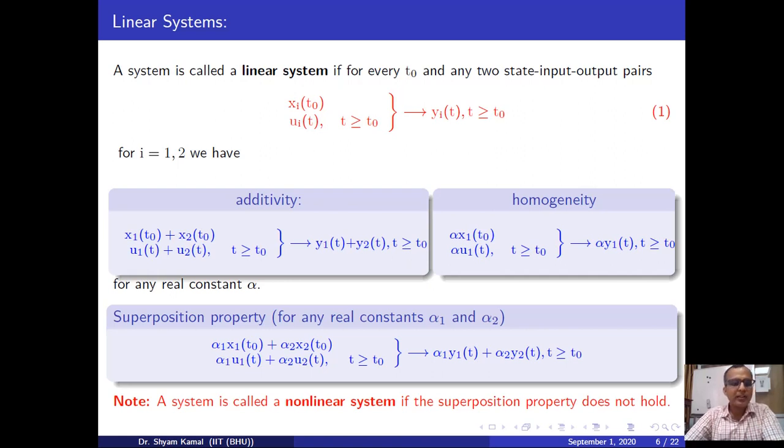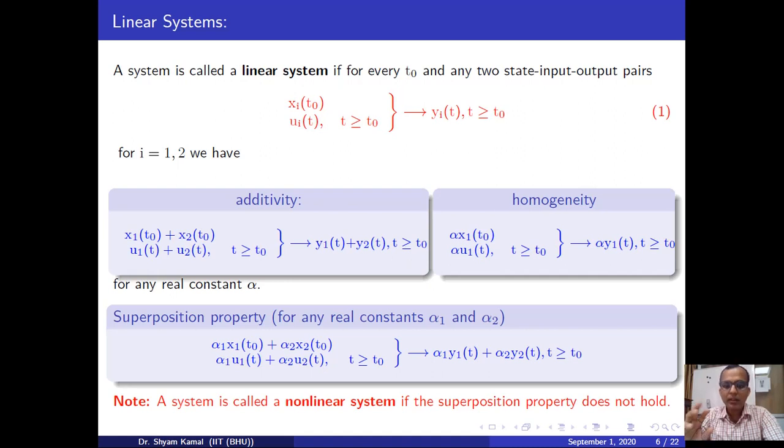Obviously, if you just check the superposition property, using that I can guarantee that the system is linear. Now I can define the nonlinear system, but that is not the exact definition. A system is called nonlinear if the superposition property doesn't hold.